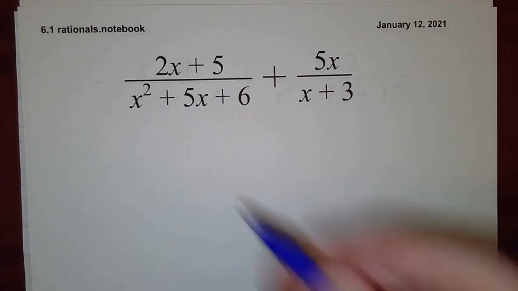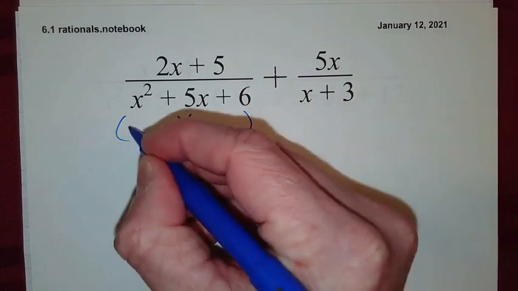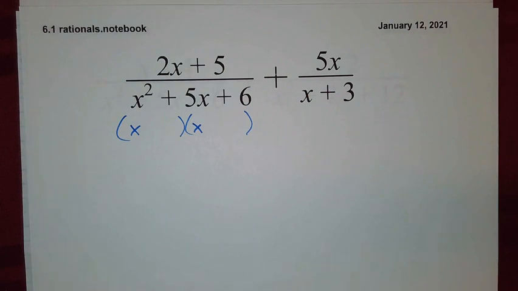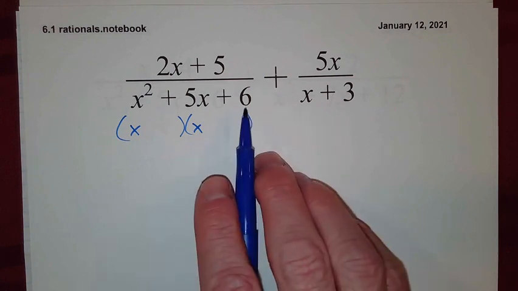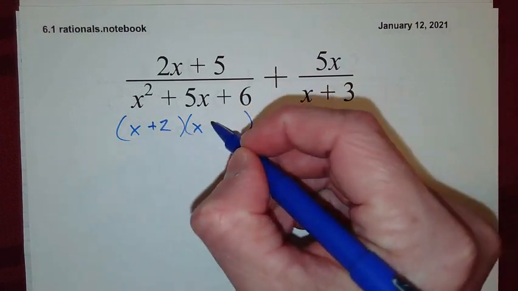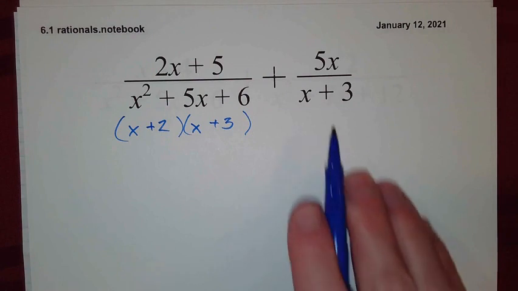So for this denominator, I see that I've got a 1 as my first coefficient. You'll also see that you're looking at my hand instead of my computer screen, which is going to be nice because I should be able to write a little bit more quickly. I need two numbers I can multiply to get 6, add together to get 5. We'll have x plus 2 and x plus 3. Pro tip on these problems.